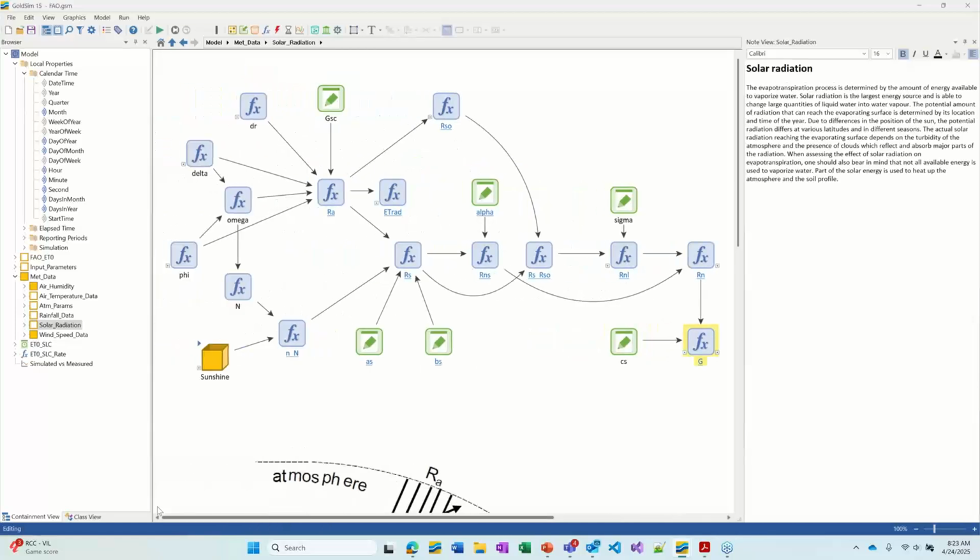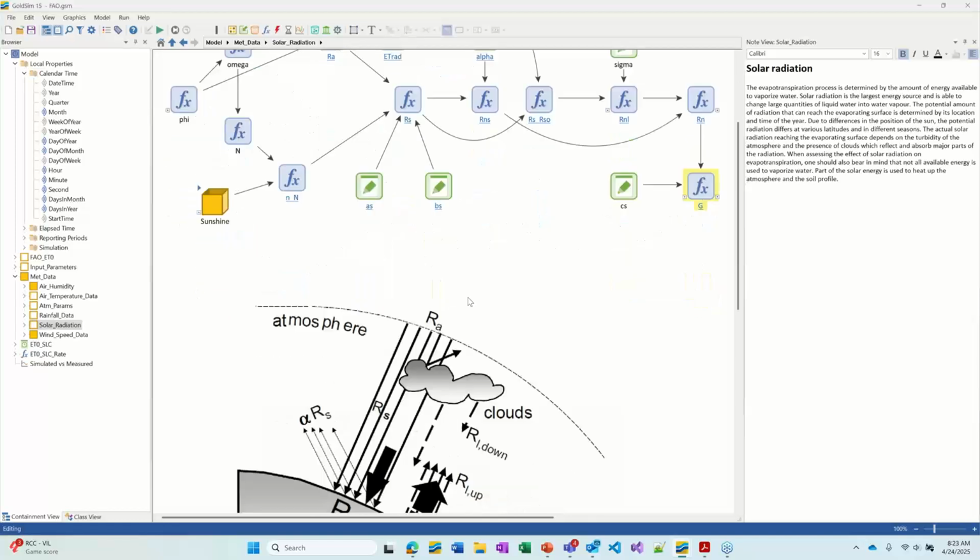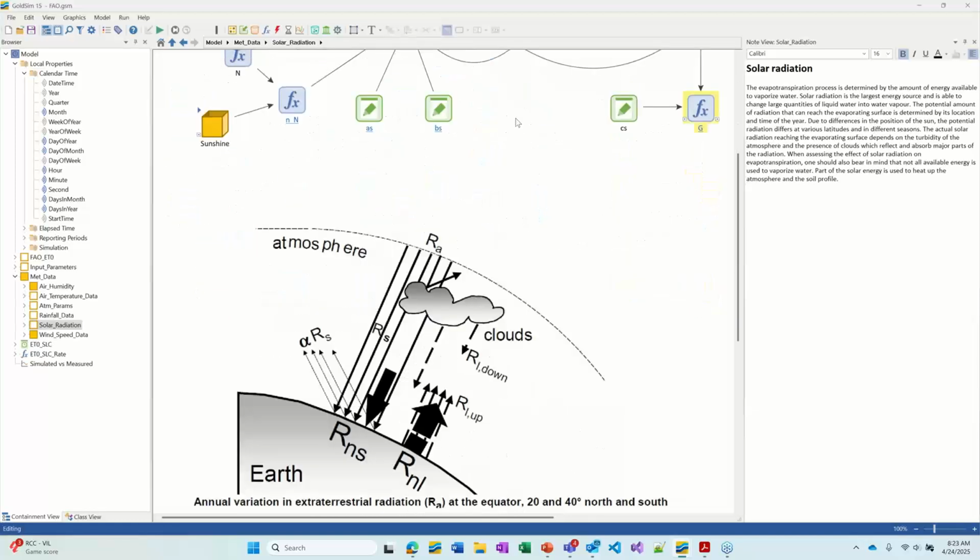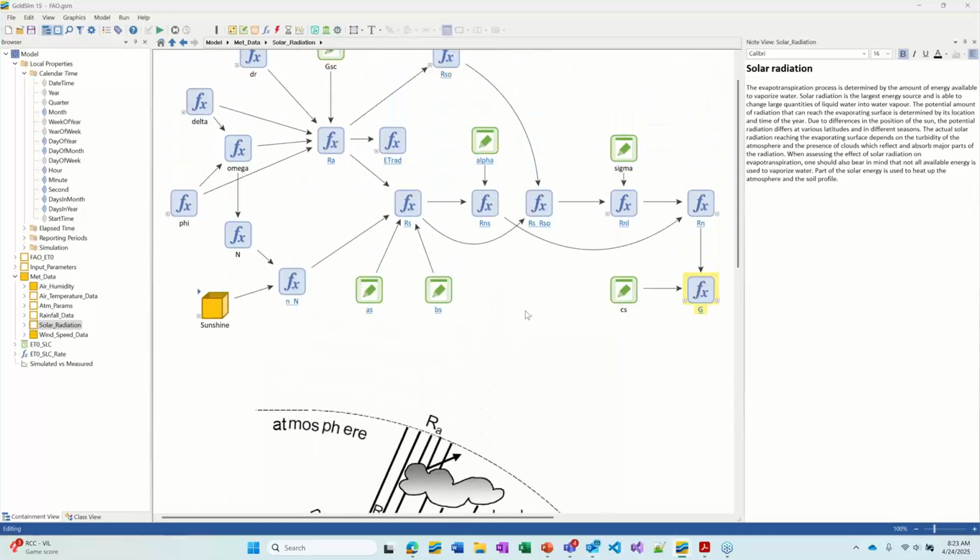So there's a lot going on in here. Essentially, what we start with, and you can look at this graphic to refer to these names that are being used in the model, but essentially we just have all these components in the atmosphere as we're driving down toward the soils and plant surface, and then essentially doing a balance, an energy balance. And I just wanted to emphasize that these equations are physically based.